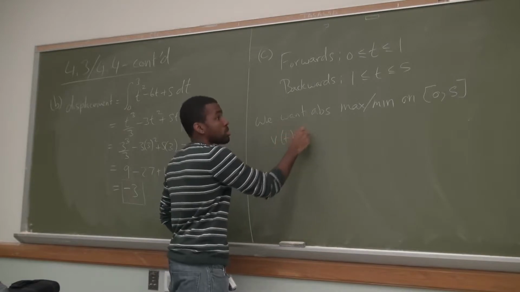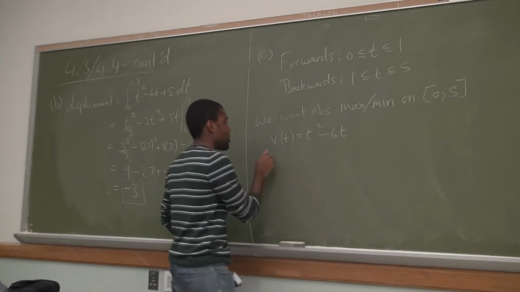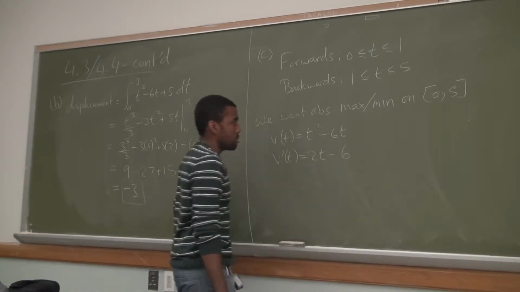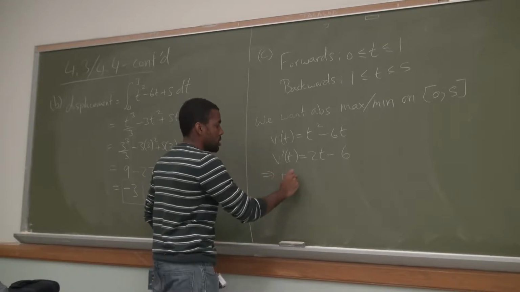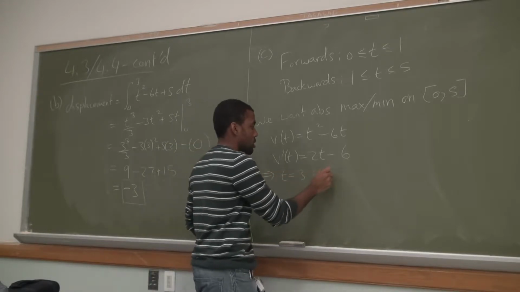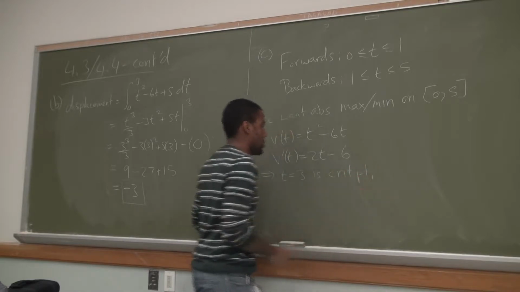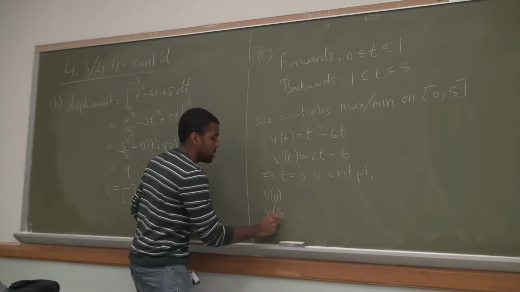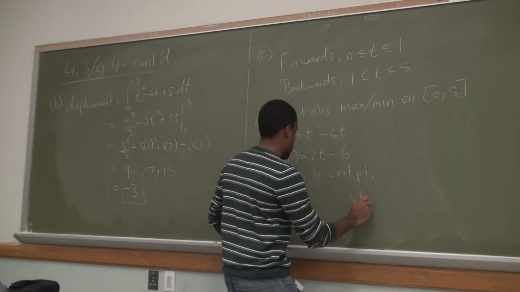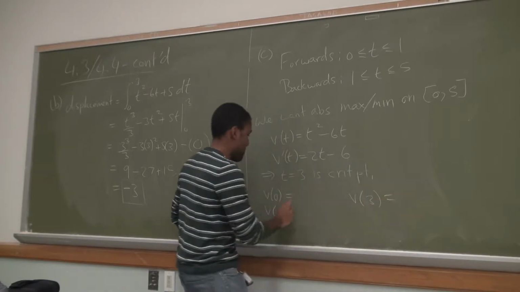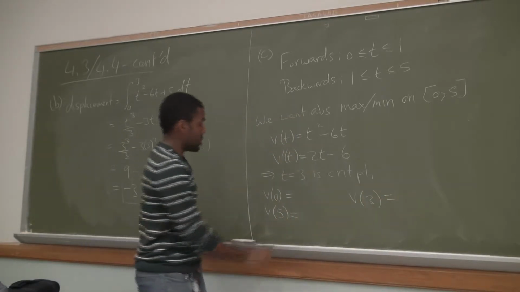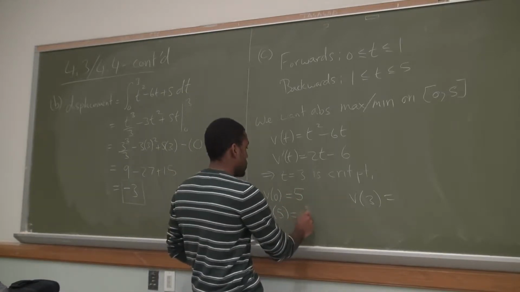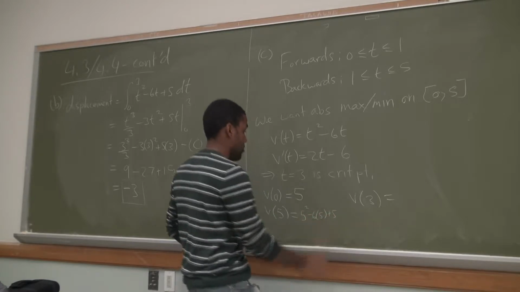So you have v of t is equal to t squared minus 6t plus 5. So first you have to find the derivative. 2t minus 6. This means t equals 3 is the only critical point. So then we need to find v of 0, v of 5, and v of 3. V of 0 is 5. V of 5 will be 5 squared minus 6 times 5 plus 5.